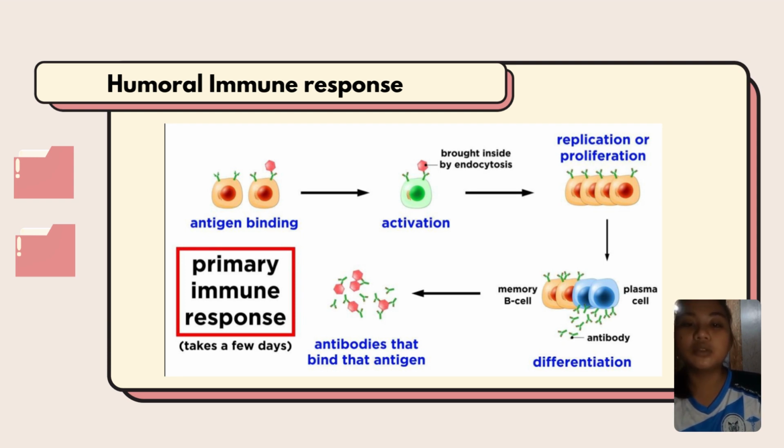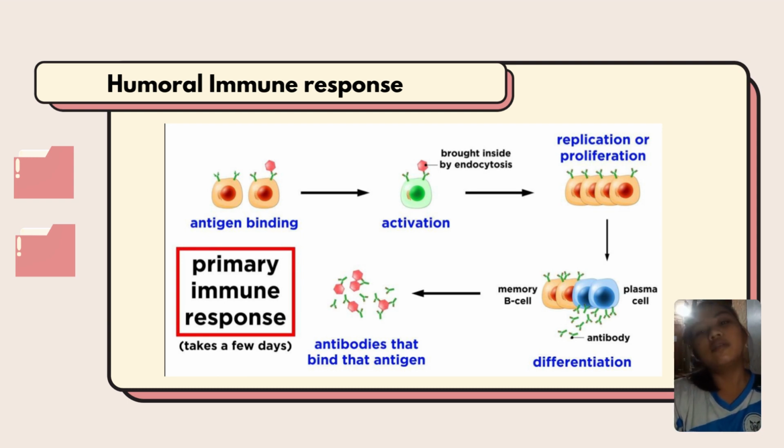These will then mass produce the antibody that recognizes the antigen, and this will circulate in the body and lymph, looking for the same thing again. This is referred to as the primary immune response, and it takes a few days to make all these antibodies. This is the one drawback to this defense strategy: it protects against future invasion, but it can't act so quickly upon the initial invasion.